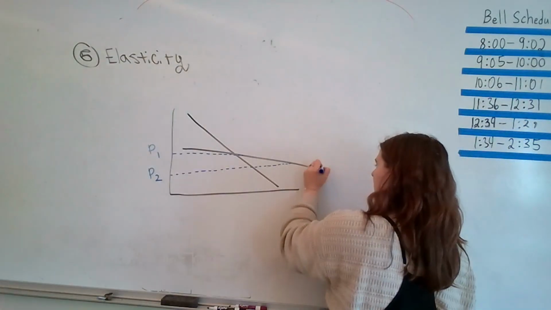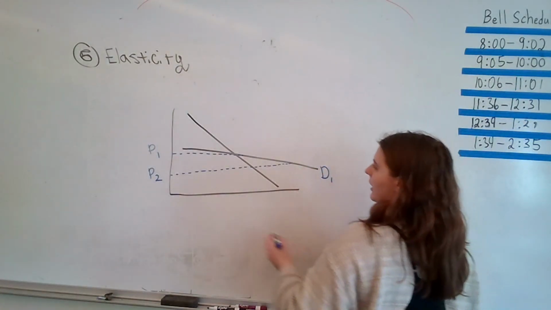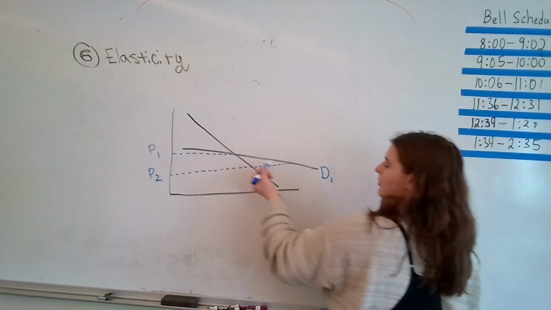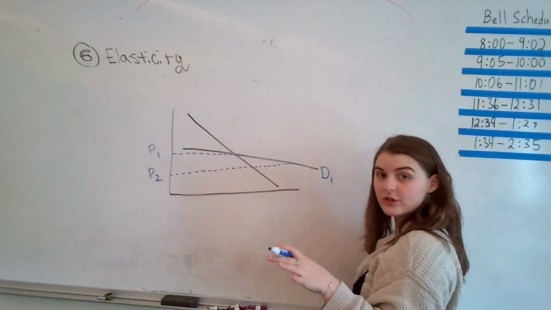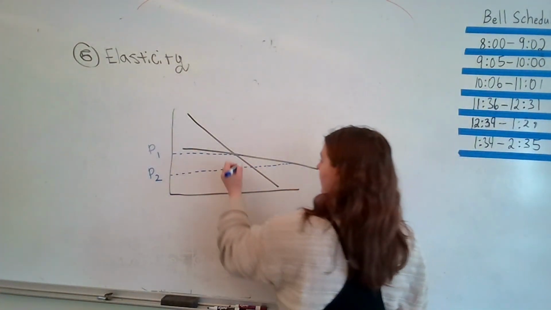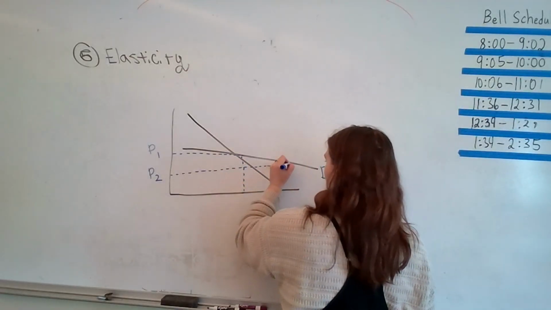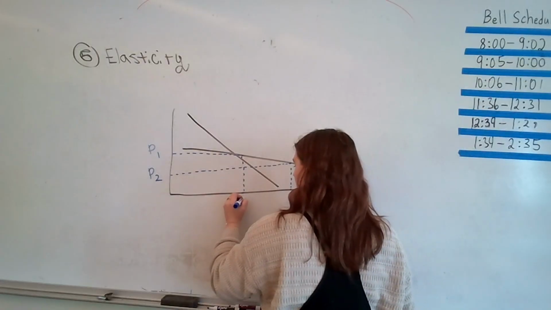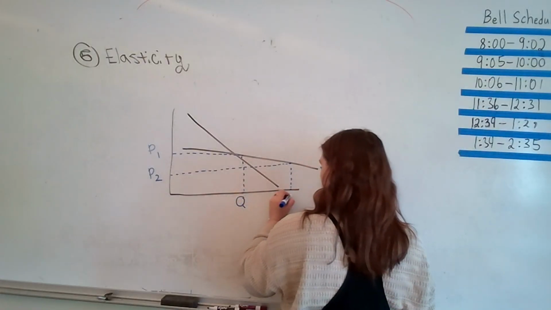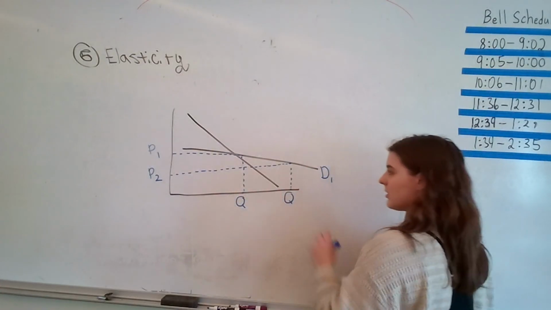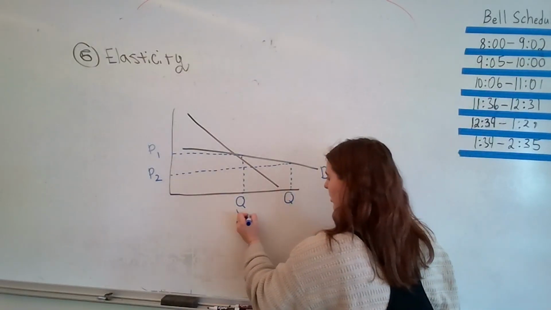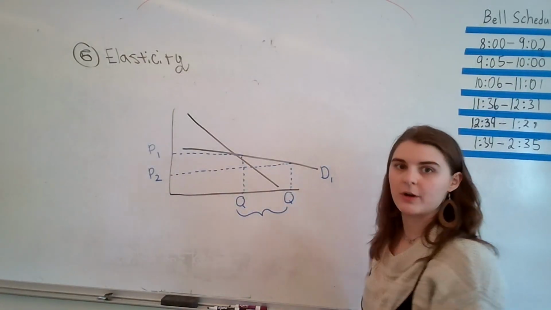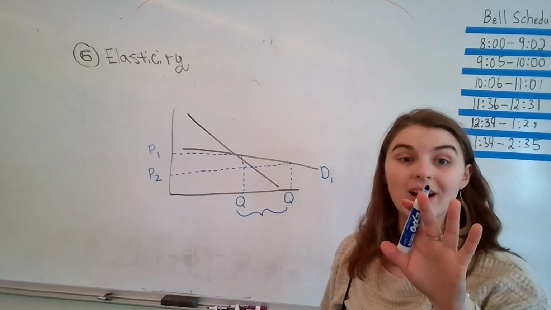If we look at this first demand, we're going to call this D1. This is a much flatter slope, right? It's almost close to just being a horizontal line. At D1, the quantity consumed, there's a huge gap, right? We're super responsive. We're super elastic.